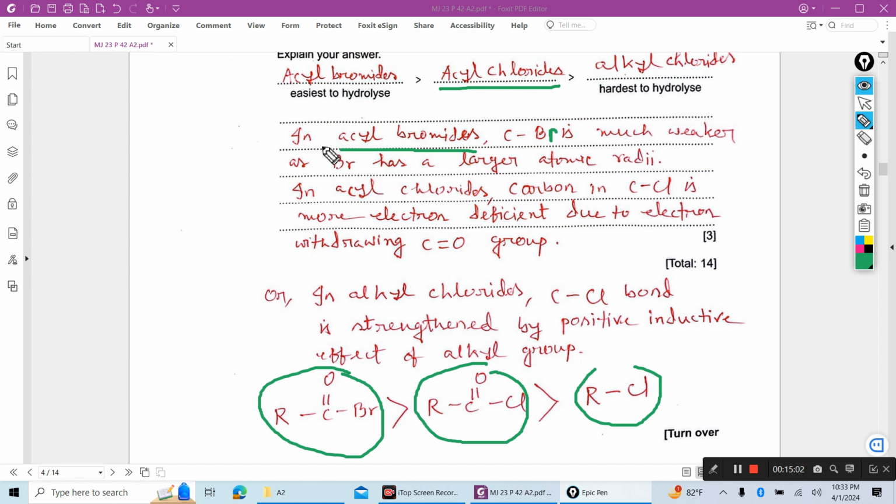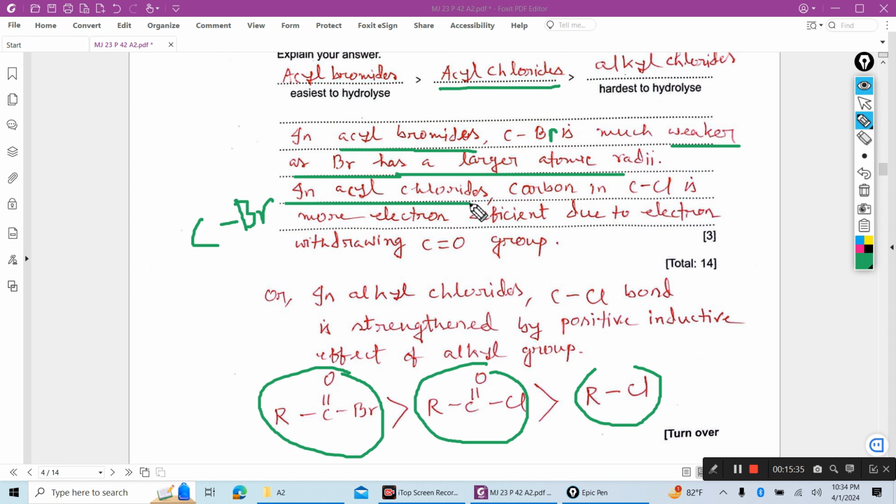So in acyl bromide the C-Br bond is much weaker, as bromine has a large atomic radius. Bromine radius is larger, so the C-Br bond is longer. If a bond is longer, it is easy to break. So the reaction will be faster.